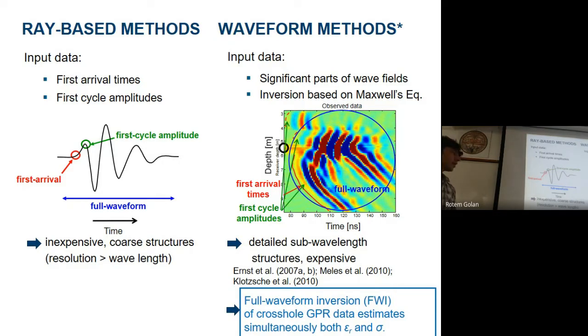This is inexpensive. This is very fast inversion to get a distribution of the parameters, but it does not give such good resolution.